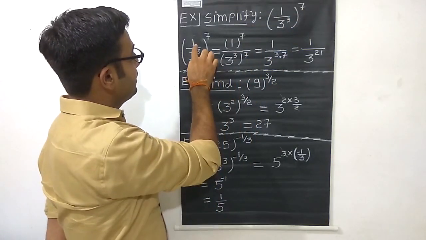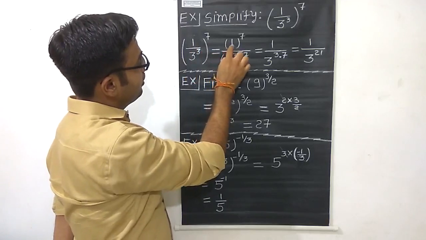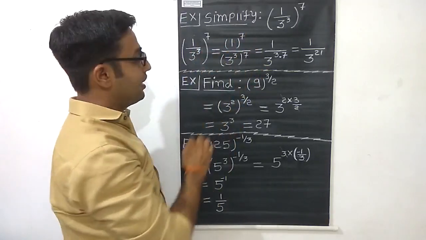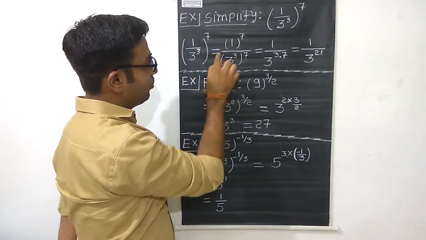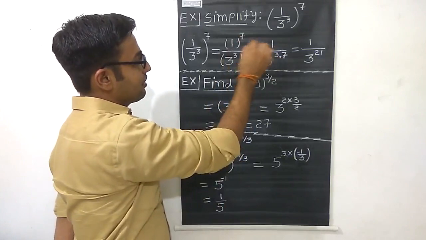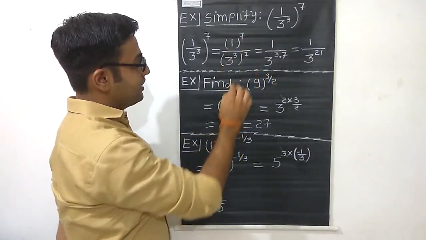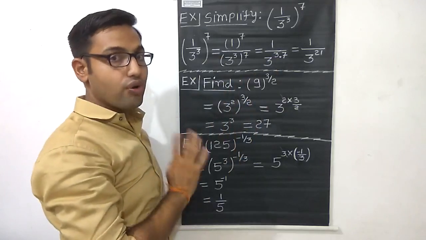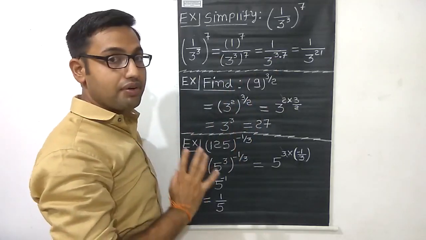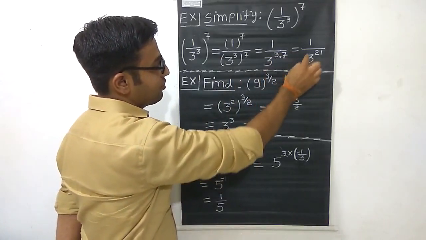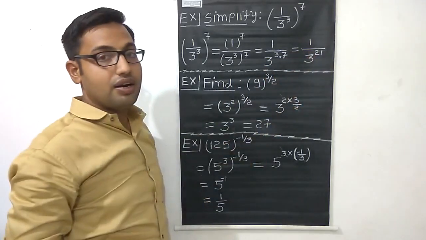So we get 1 raised to power 7, and in the denominator 3 raised to power 3, whole raised to power 7. Now 1 raised to power 7 is equal to 1, and in the denominator we multiply the powers according to the law of exponents. So we write 7 into 3, that is equal to 1 upon 3 raised to power 21.